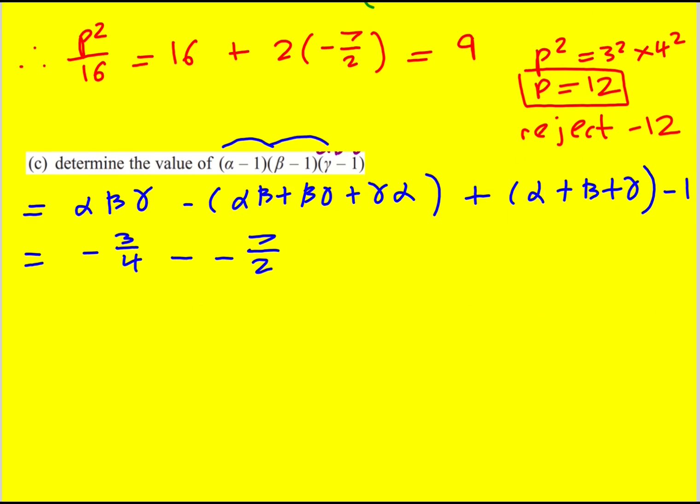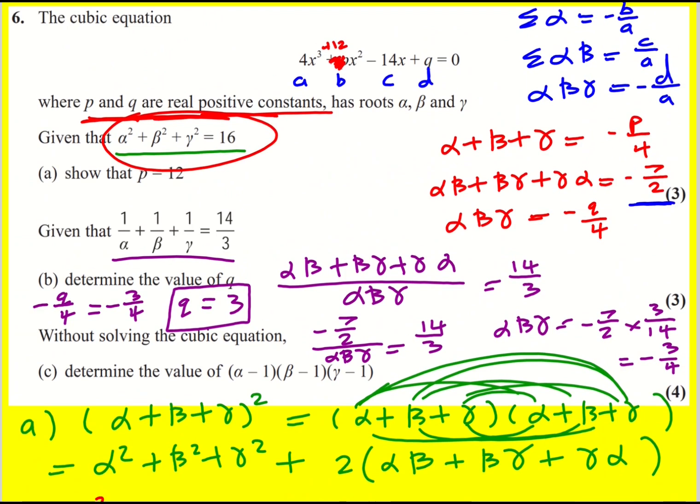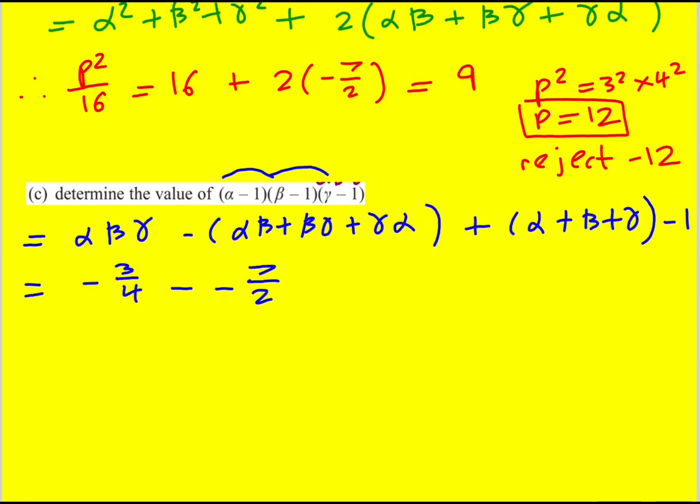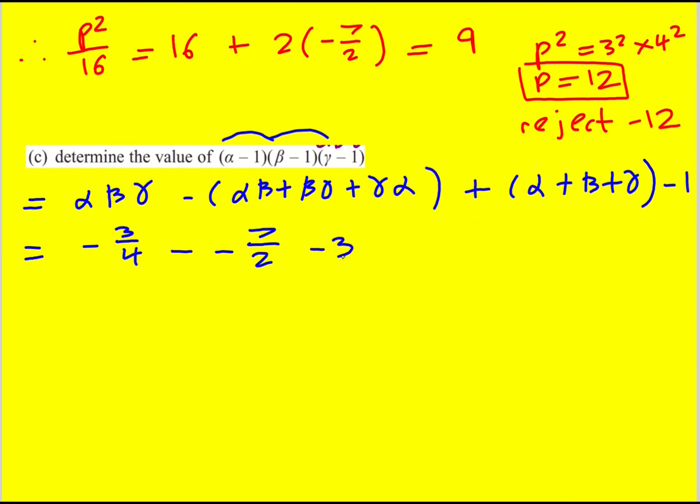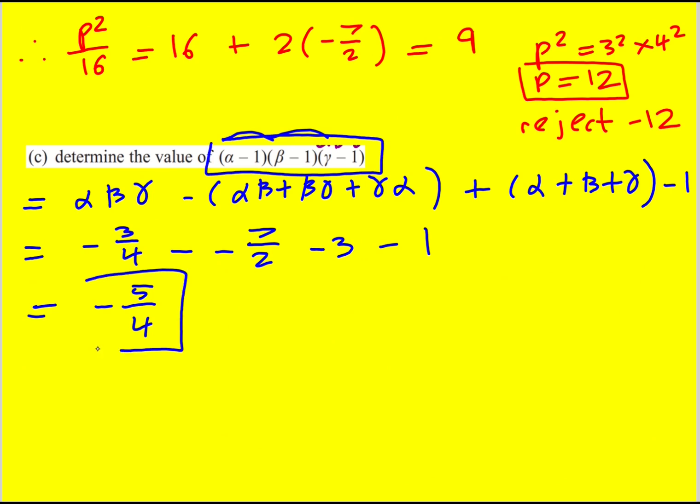And then I'm adding the sum of my roots, which remember was minus b over a, because we worked out that p was 12, so it's going to be minus 3. And then I'm minusing 1. If you bring this all together, it gives you minus 5 over 4. Good, slight different variation to roots of polynomial question. I like it.